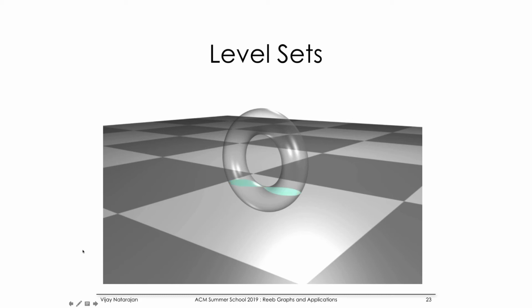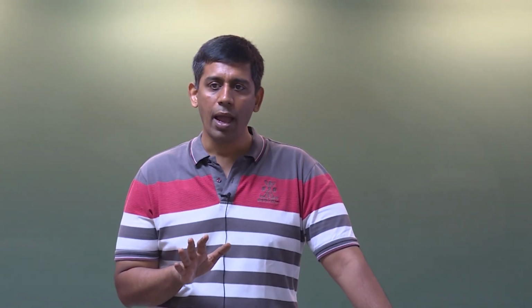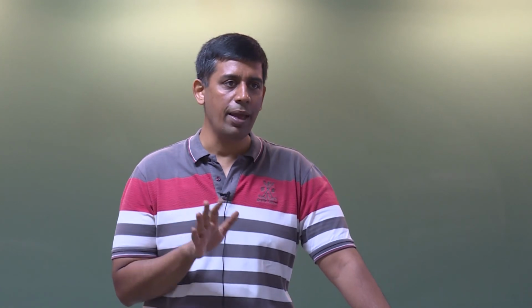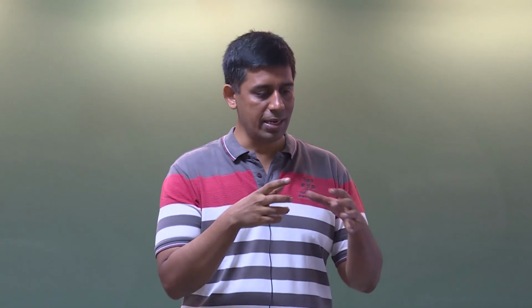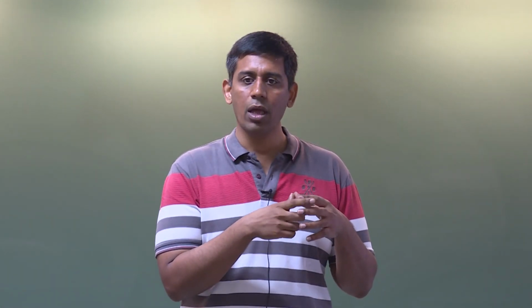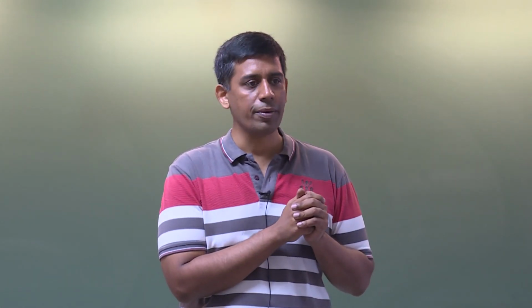So this is exactly where the Reeb graph comes in, right? I want to capture the change in this level set topology, right? And I want to capture it by looking at the quotient space, right? So in simpler terms, what we are doing is taking every connected component and shrinking it to one point.